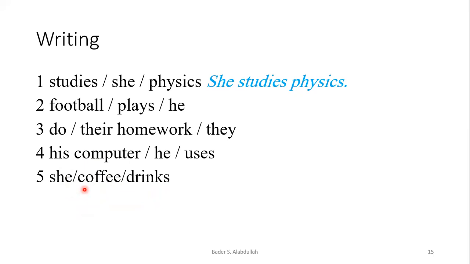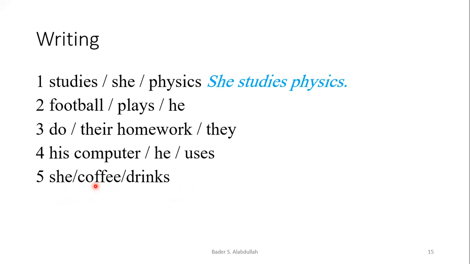And I've noticed that many of you did this wrong during your last quiz. Like as I said, for uncountable nouns, we don't use a or an. We don't need them. We just say she drinks coffee. We don't say she drinks a coffee.